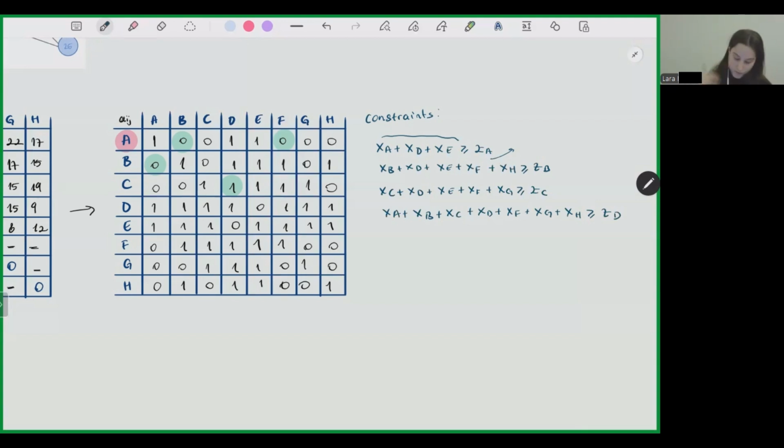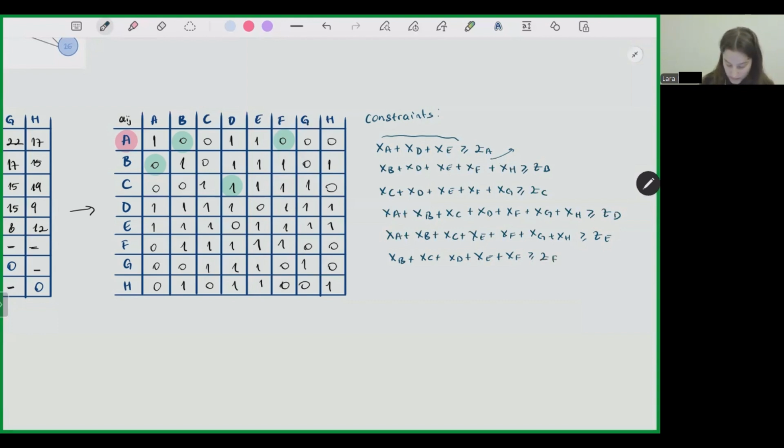Okay, so let's do the other ones. For E, XA plus XB plus XC plus XE plus XF plus XG plus XH should be more than or equal to ZE. For F, XB plus XC plus XD plus XE plus XF should be more than or equal to ZF.